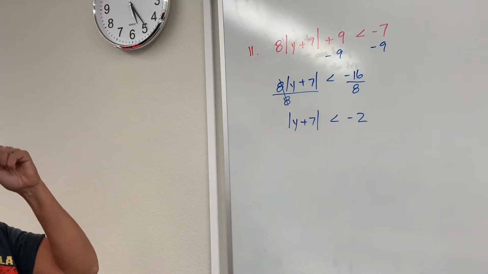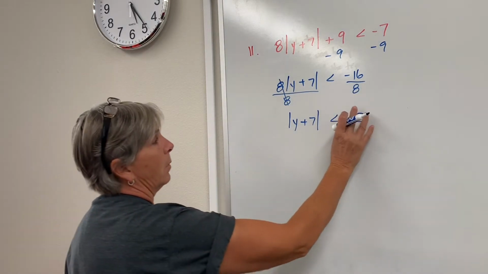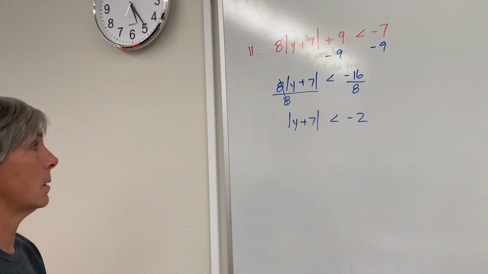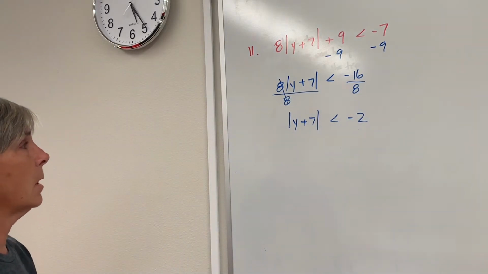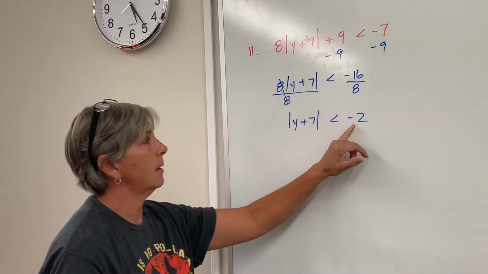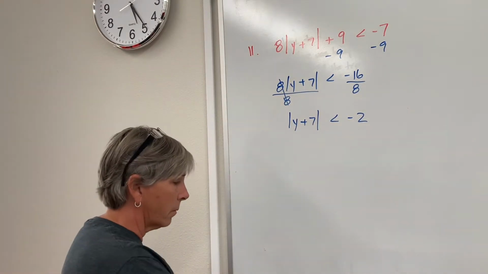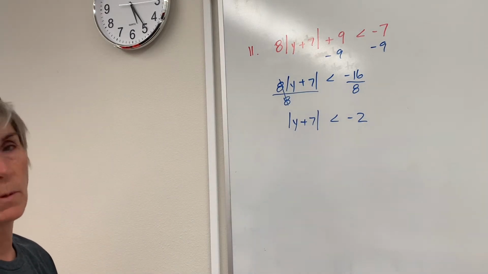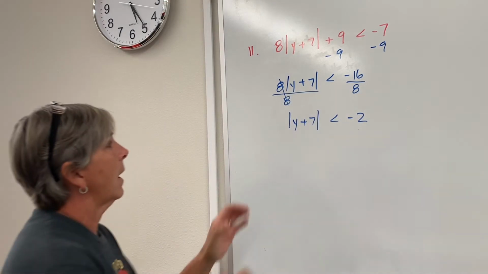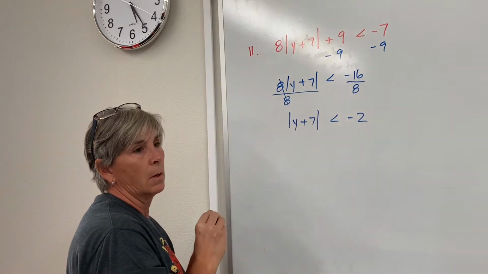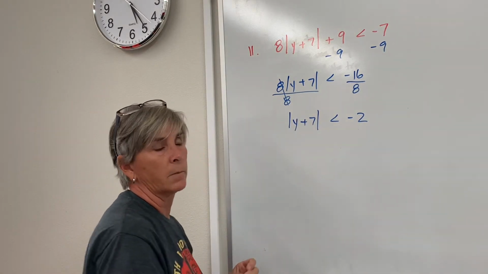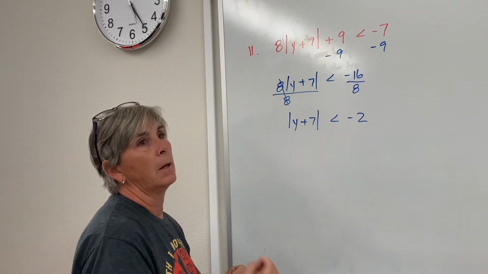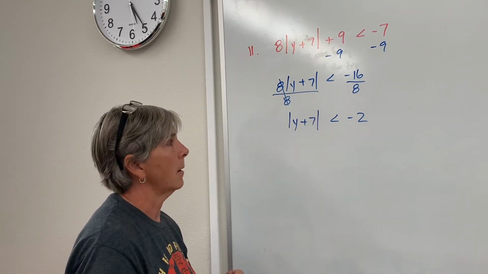Now here's the thing. Had this number been positive, we would have set up our two absolute value inequalities and solved them. But you got to think about this for a second. When you get a negative over here, I want you to just drop your writing utensil and think about what this means. The absolute value refers to the distance you are from 0. And we never measure distance in negative numbers, okay?